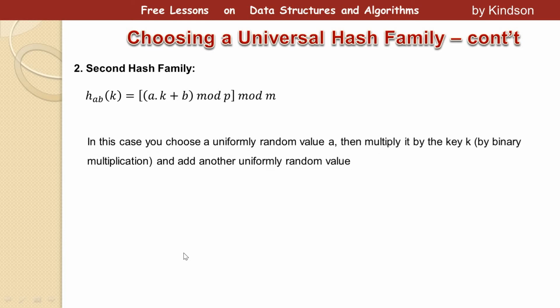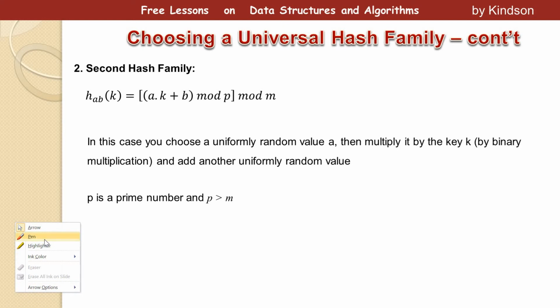So in this case, you choose a uniformly random value a multiplied by the key k, and add a second uniform random value, which is b, and then p is a prime number, which is less than the table size m. Remember that m is the table size and the choice of p should be less than the table size.